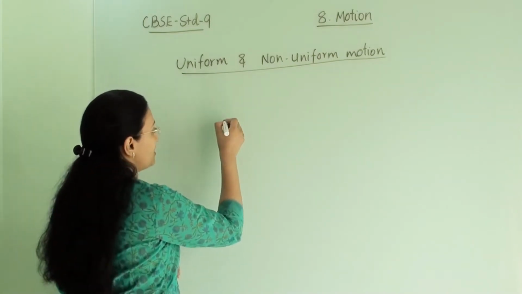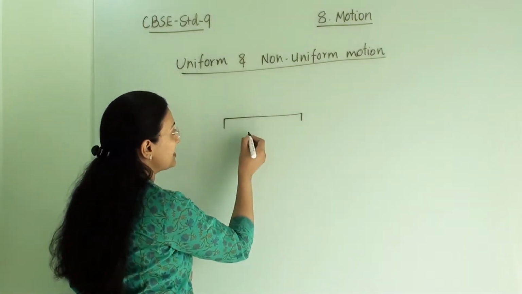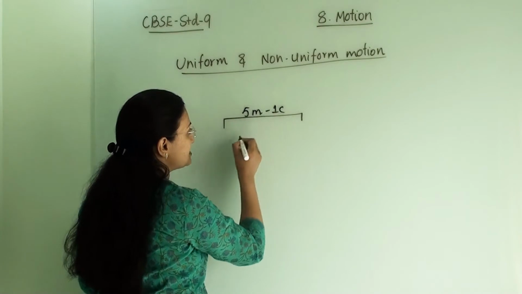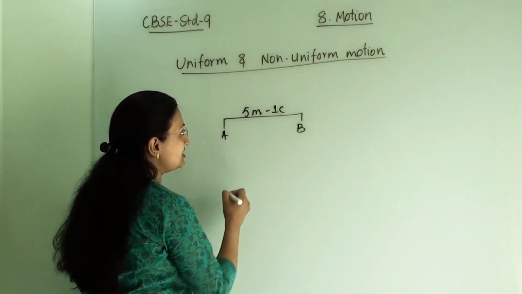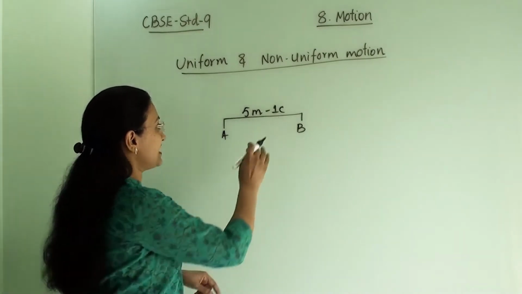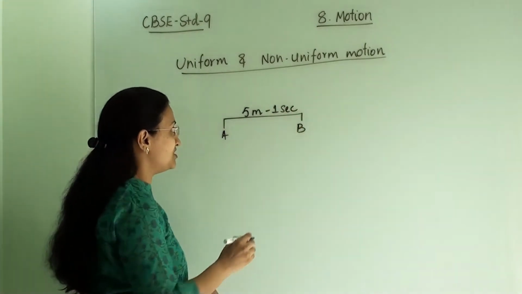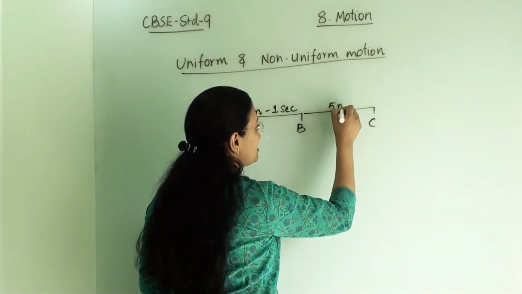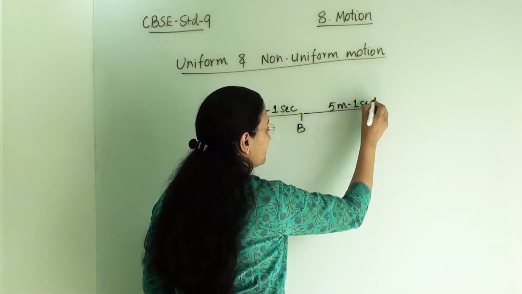How is it so? Let us understand like this: a car is going and it has covered 5 meter in 1 second. This is the first lap in which it has gone from A to B. Now in another lap, it has also covered 5 meter in another 1 second.